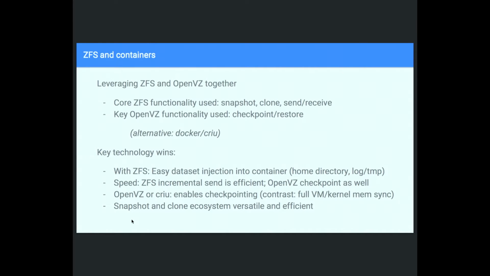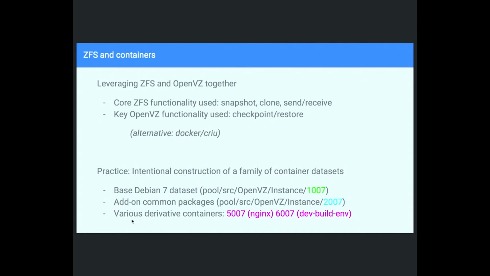In contrast, sending a full VM of your entire OS may take 8 gigabytes or 16 gigabytes or whatever it is, making it problematic to do direct checkpointing or migration. And the whole use of snapshot and clone is very fast and efficient in ZFS.